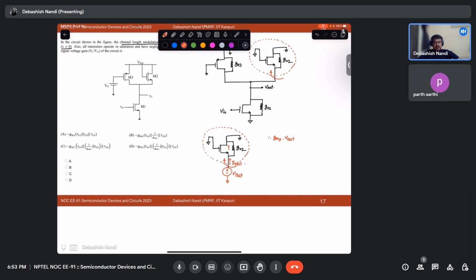And another current will flow through this, that will be GO2 times V test, and this branch current and this branch current together equal your I test. So what is your R in? R in is nothing but V test over I test, that will be 1 over GM2 plus GO2.